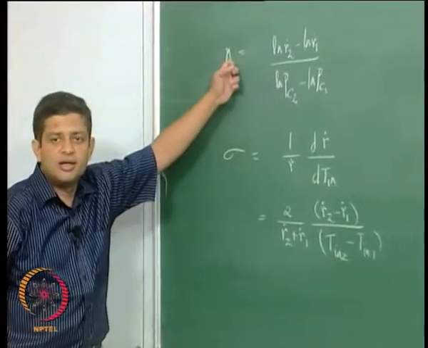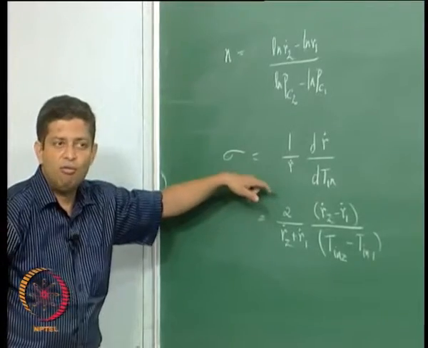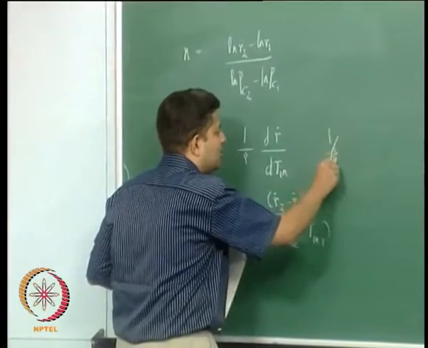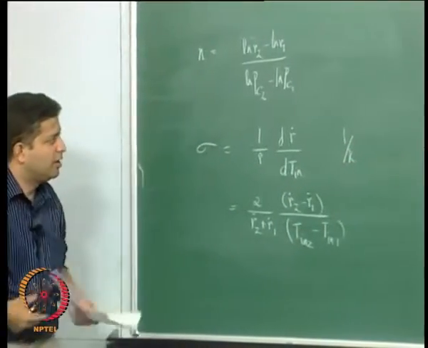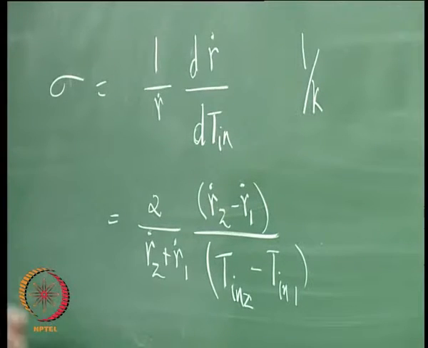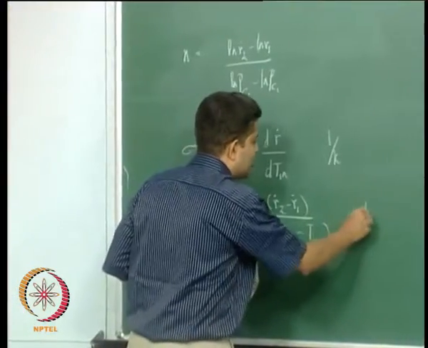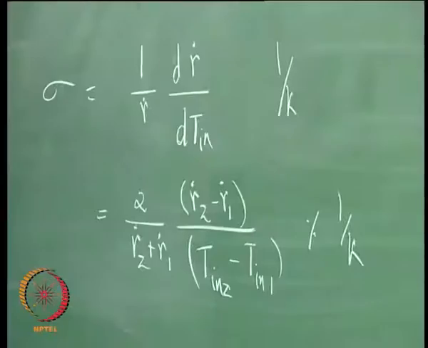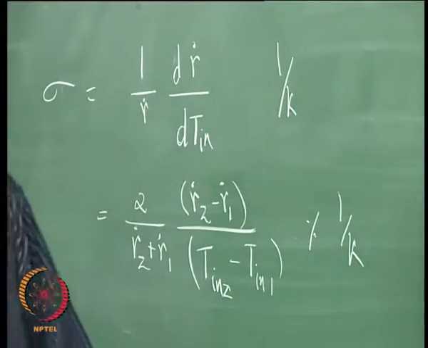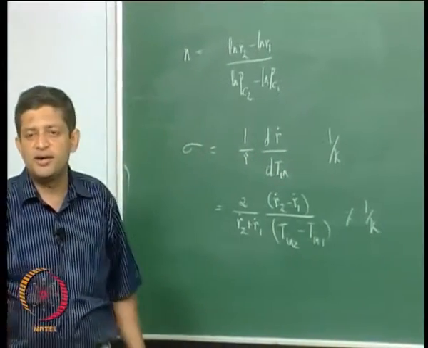If you look at it, n is a non-dimensional quantity, whereas sigma will have a 1 by Kelvin unit. Okay. The unit of this is 1 by Kelvin, and because it is usually very small, it is usually expressed as a percentage per Kelvin.